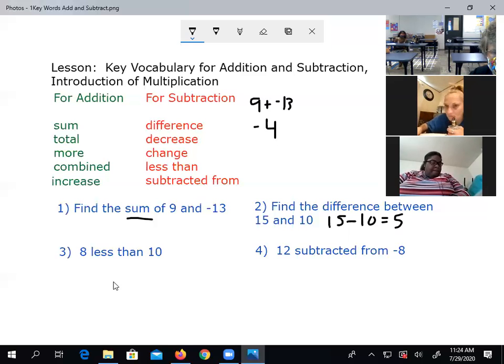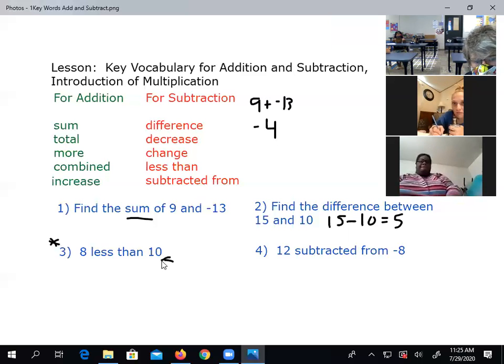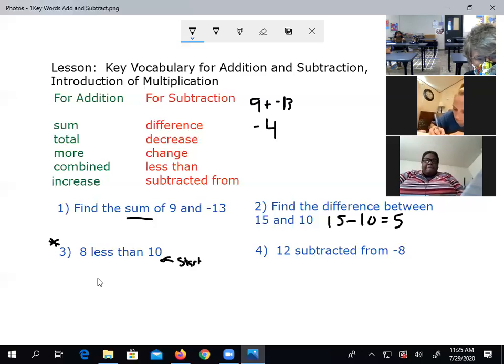8 less than 10 is tricky. 8 less than 10 means I'm actually subtracting 8 from 10, so I have to start with the 10 and remove 8 from it, because you're going 8 down from 10.